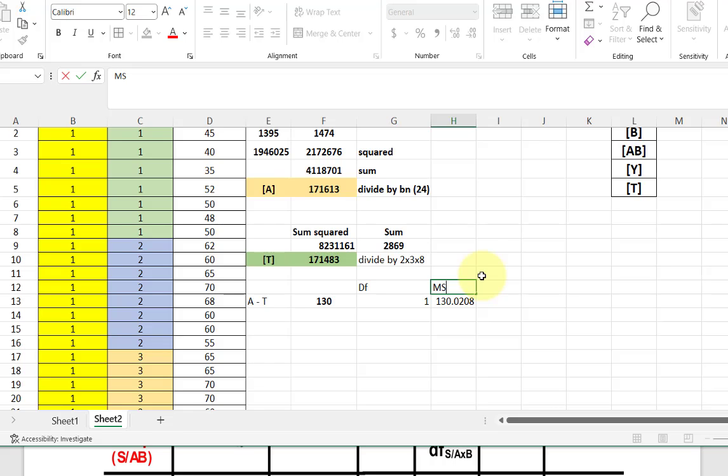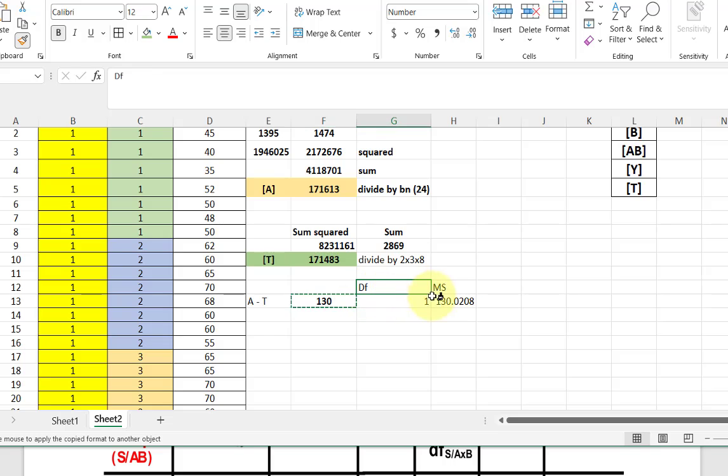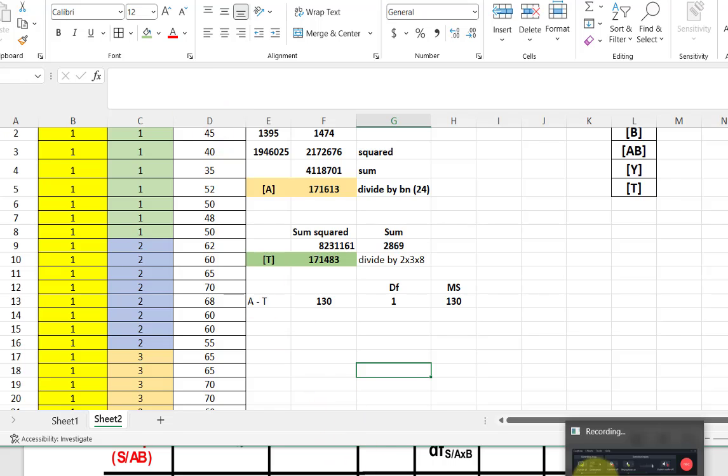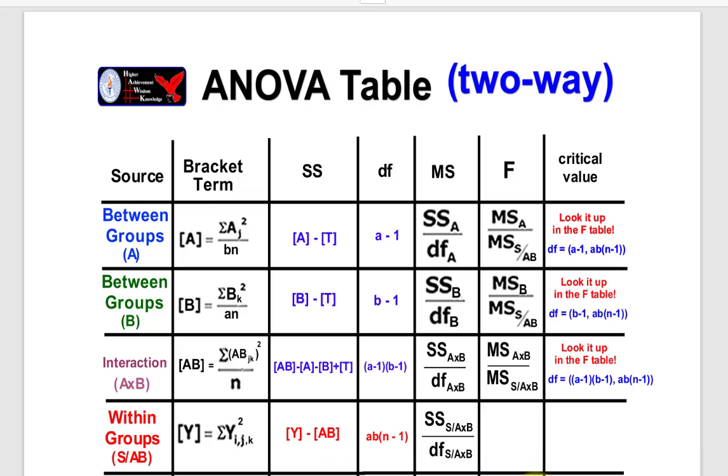And this is the between group fella, right? So all that stuff is basically the same. And then, let's see what else we should calculate. So we got that. So that's our mean squares A.